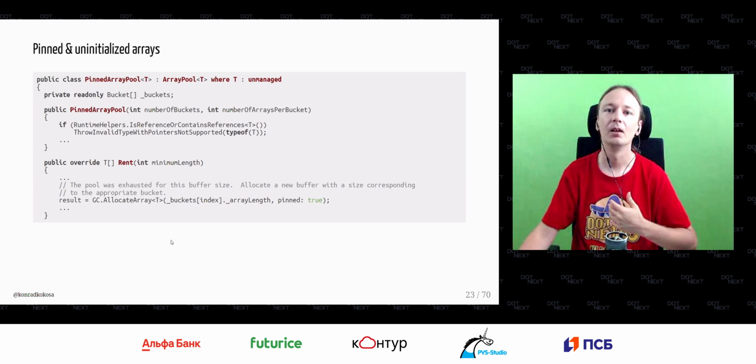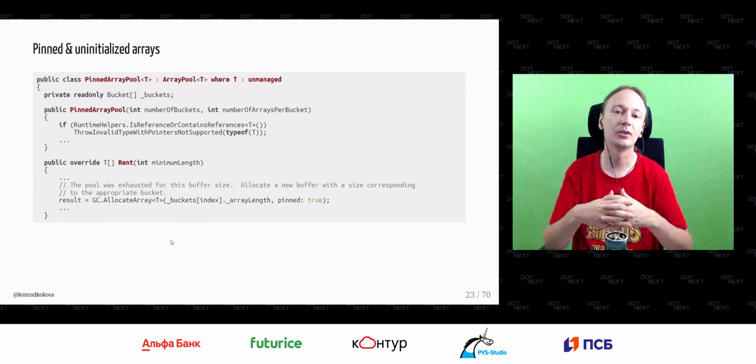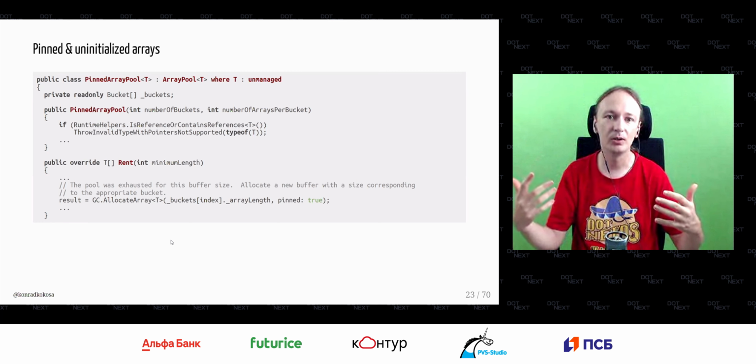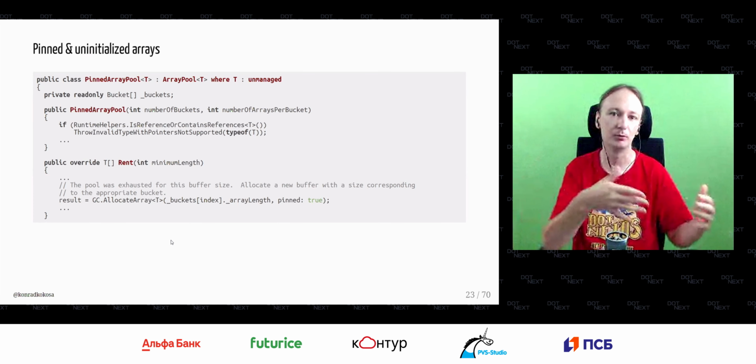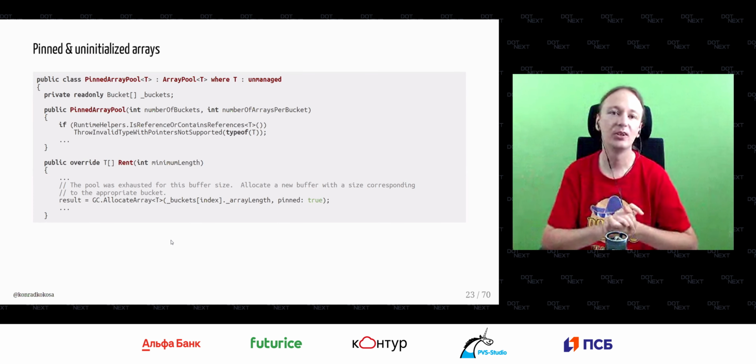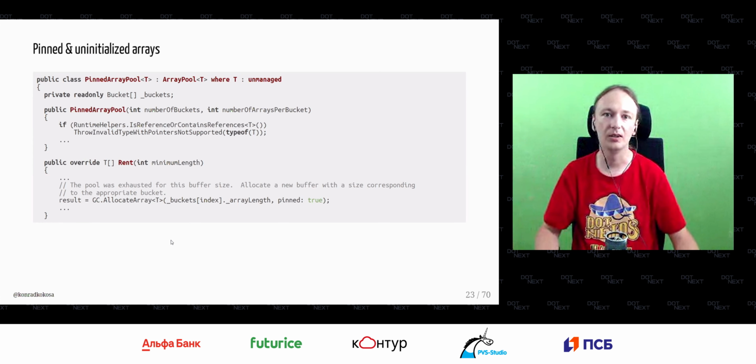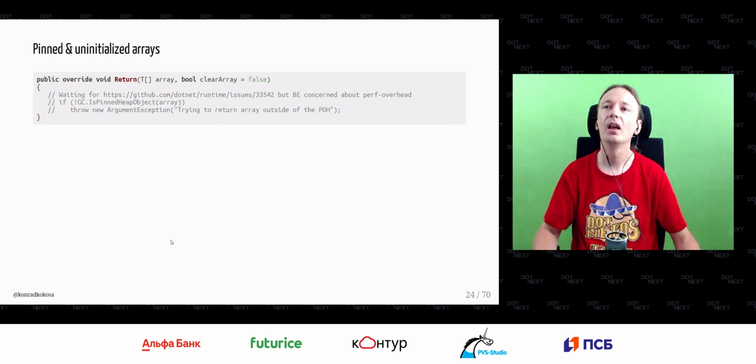But still, the decision was made because the typical usage of pinning is just to have an array of primitive data to be passed to native code. So this limitation doesn't bother anyone a lot, because in fact, that's how we use pinned arrays in general. So this is a very nice API coming to .NET 5.